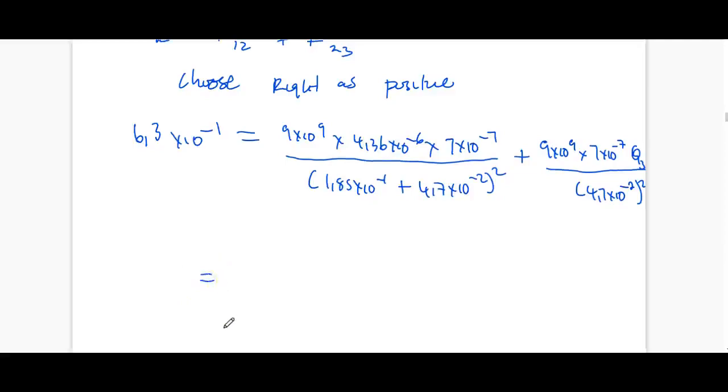Okay, so in here I have 6.3 times 10 to the power minus 1. Okay, and then now I'm going to press this whole large sum.